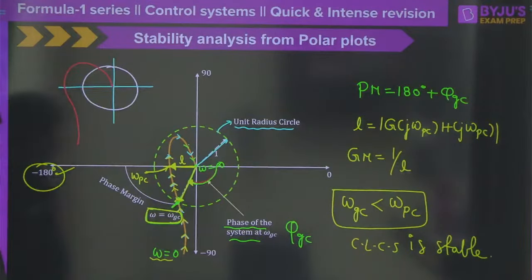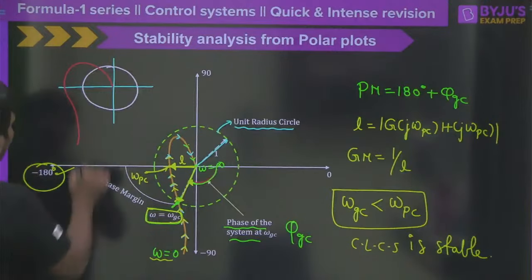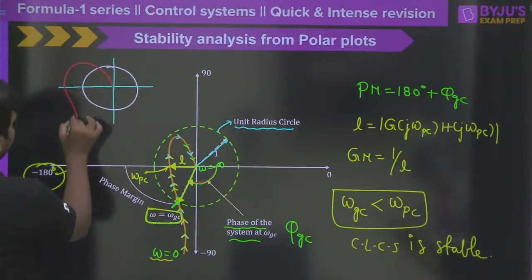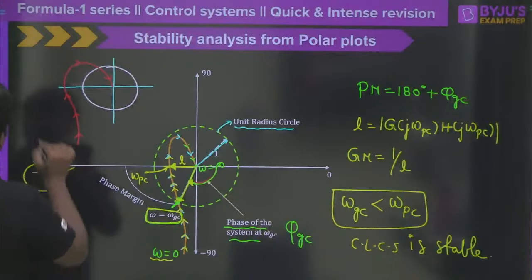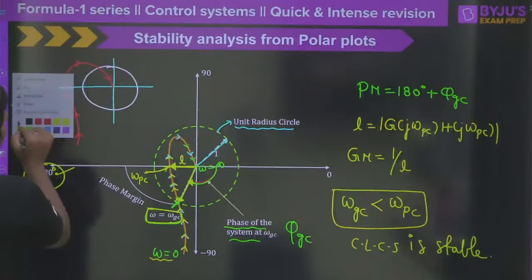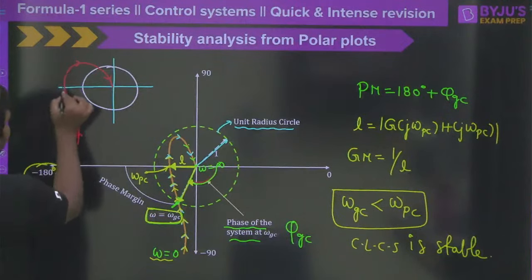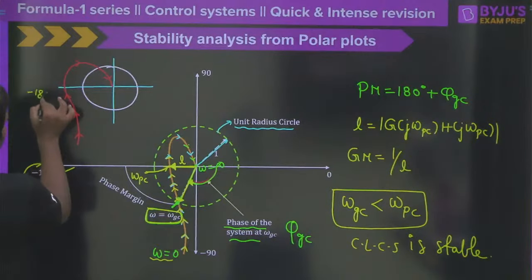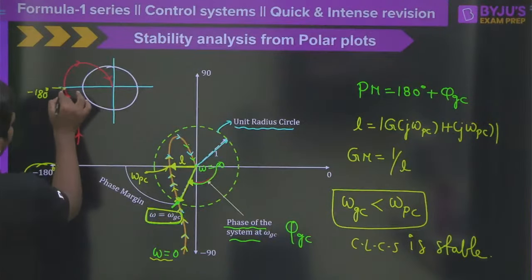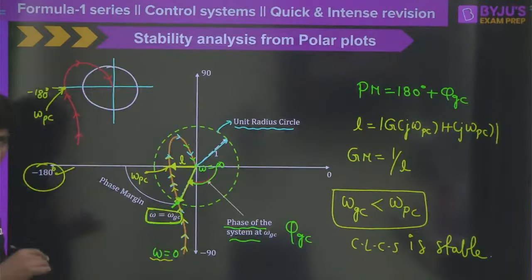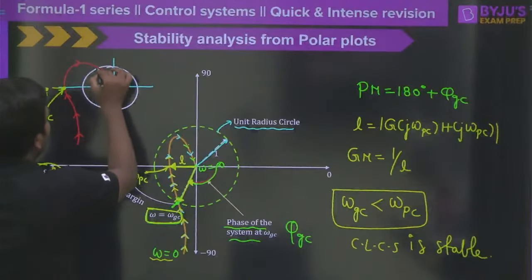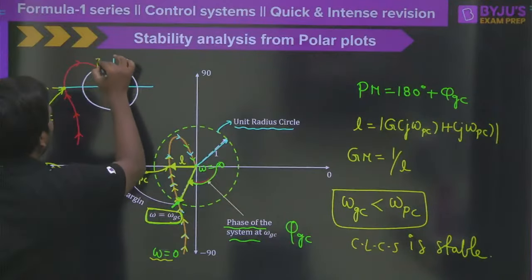Now you tell me, if I have the plot like this, again this is the direction of the frequency. So now tell me what we can say here. This plot is cutting minus 180 degrees here. The plot is cutting minus 180 degrees here, means this is omega PC. And it is cutting the unity radius circle here, means this is omega GC.